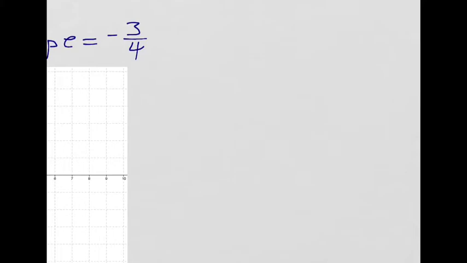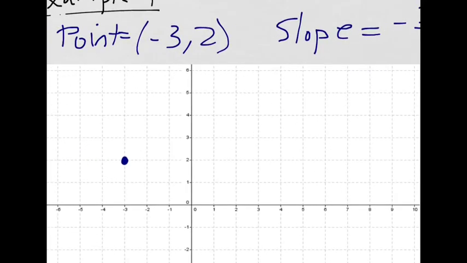You with me? So in this case, we would go 3 down. And then the run tells us how far to the right or left to go. We go right if it's positive, left if it's negative. So let's use these as directions.